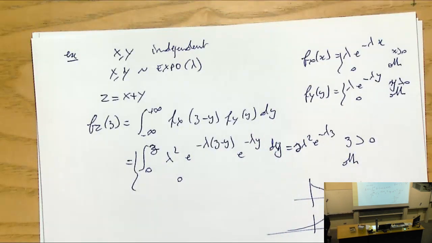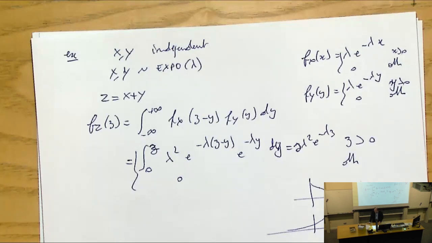If you have the sum of two independent normal random variables, the sum is still a normal random variable. Here's an example where the sum of two exponentially distributed random variables is not exponentially distributed. So the distribution can change because of the effect of the sum. Good.